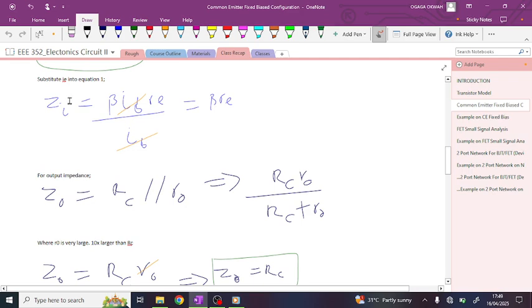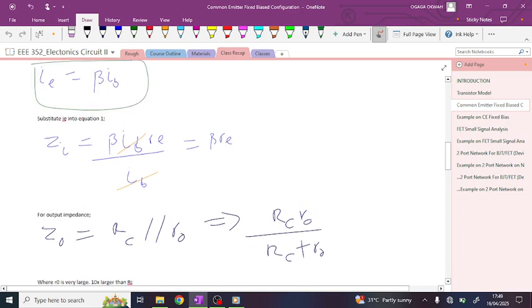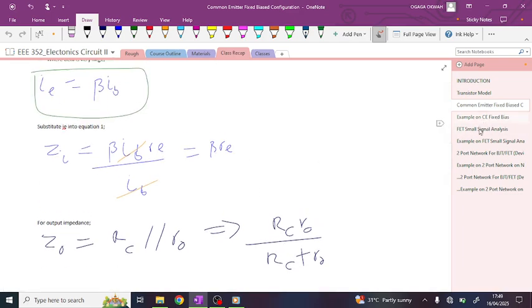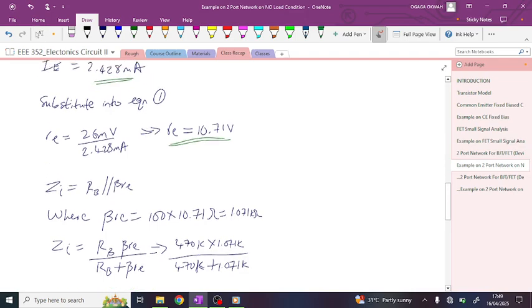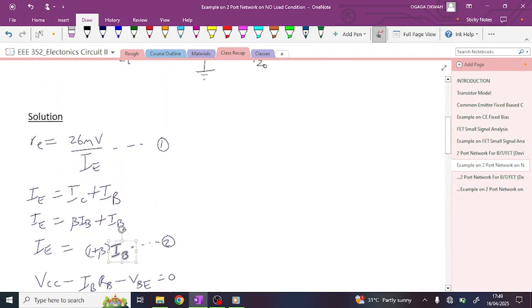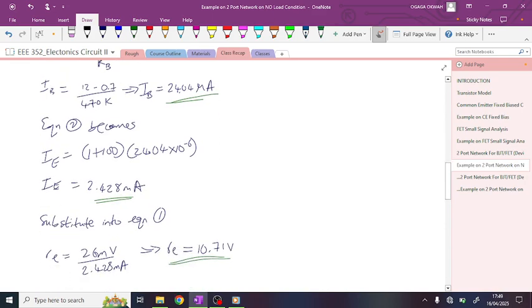Yeah, beta ROE. But in this case, our beta ROE is parallel to what? ROB, because we have ROB in this case. So it's parallel to ROB.